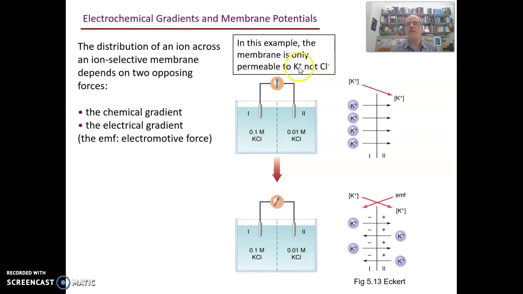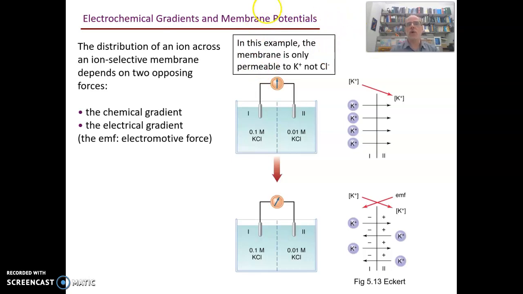So only potassium can cross the membrane. Essentially at time 0, we are adding potassium chloride solutions, or salt, at different concentrations on the left and on the right.